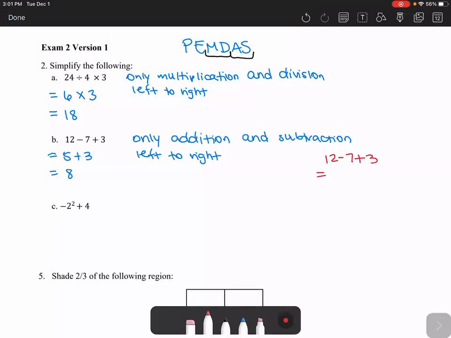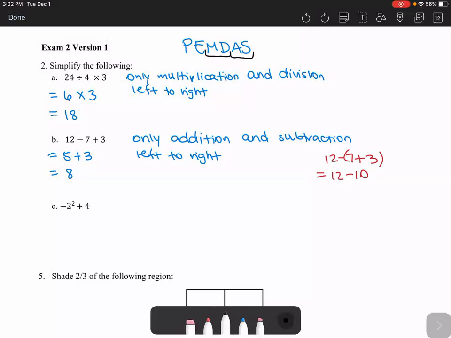If you add 7 and 3 first, you get 12 minus 10, right? What you're essentially doing is putting parentheses around this operation because you're doing it first. If you put parentheses around the operation that you're going to do first, it doesn't change the problem. So if I had put parentheses here, it's the exact same because you divide first.